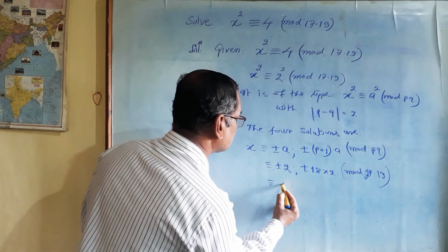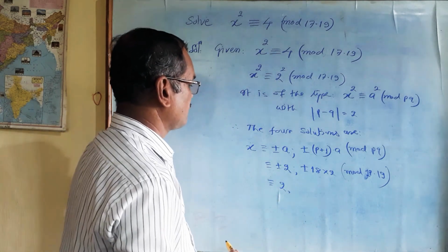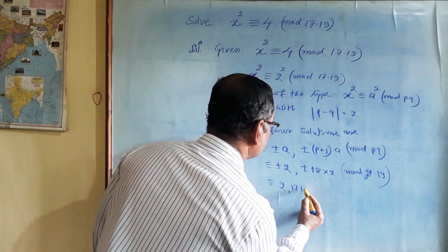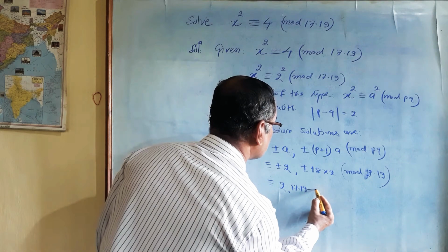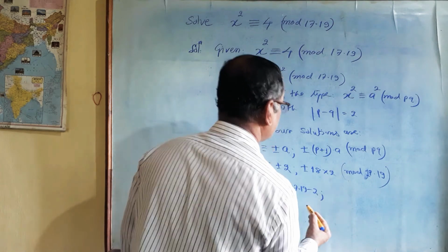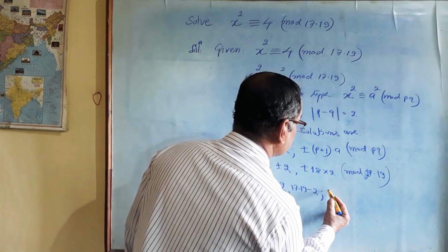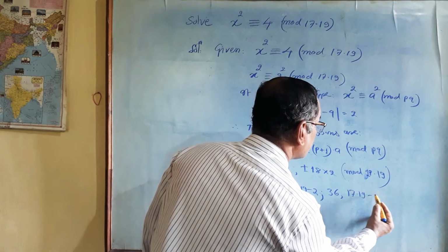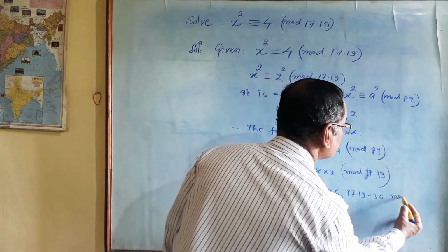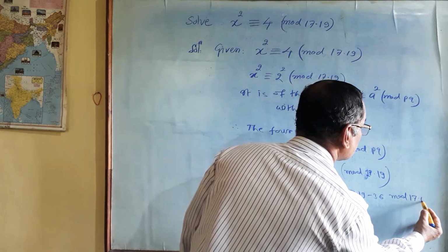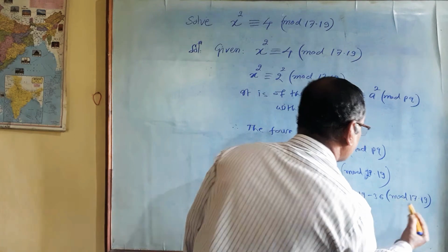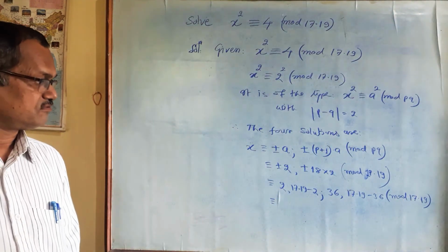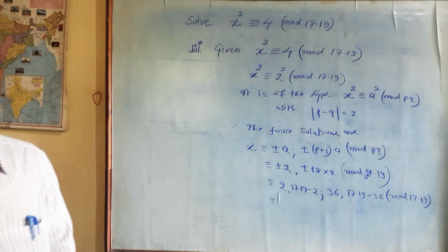Totally, that is 2, and 17 into 19 minus 2, and 18 into 2 is 36, plus minus 36, means 36, and 17 into 19 minus 36, mod 17 into 19. In this way we can find the solutions.